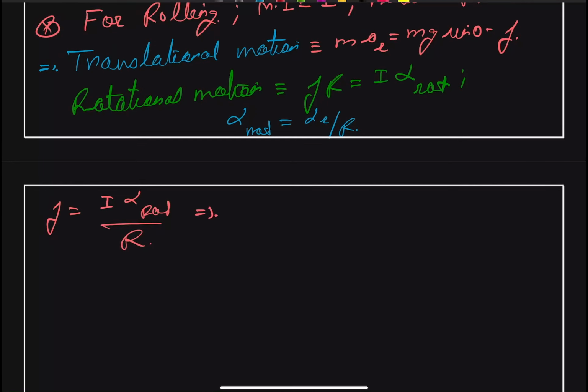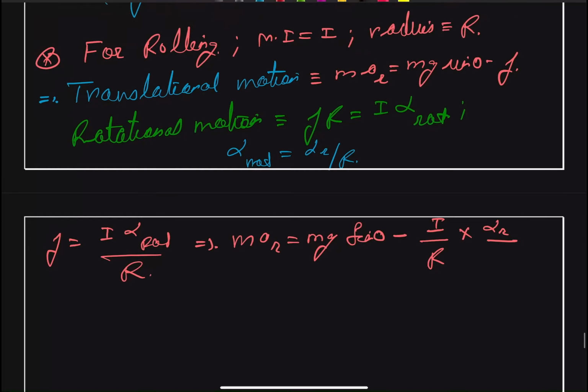Therefore we get m a_R is equal to mg sine of theta minus I, and we substitute the value of the rotational equation, and this comes as I multiplied by, one second, not alpha r but a_R, divided by r.